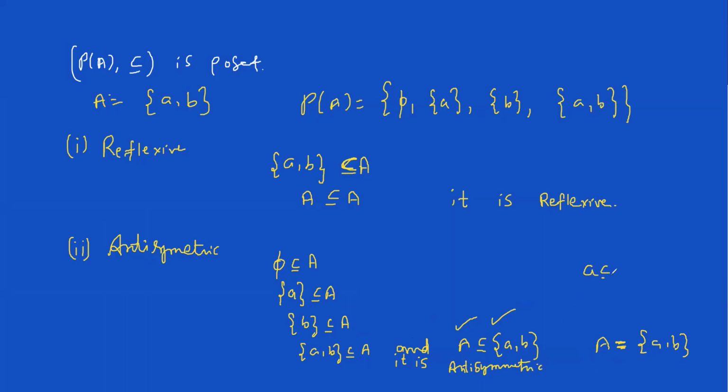If A is a subset of B and B is a subset of A, then what? A is equal to B. Let's suppose this is set B. Set B is a subset of A and A is a subset of B. It means that A is equal to B. Understood? It is antisymmetry. Now the last thing is what?